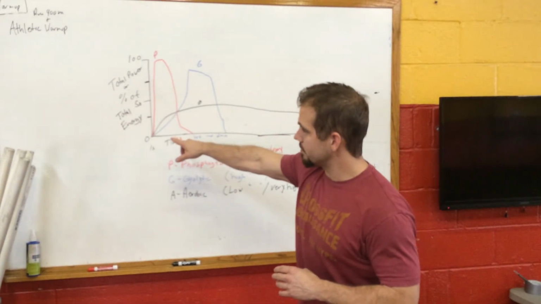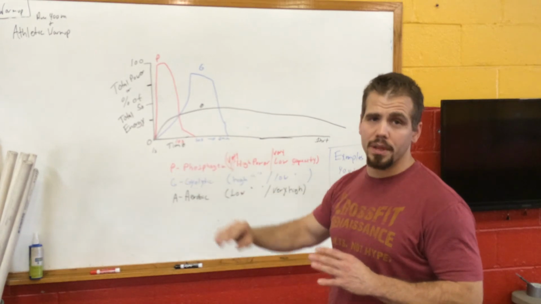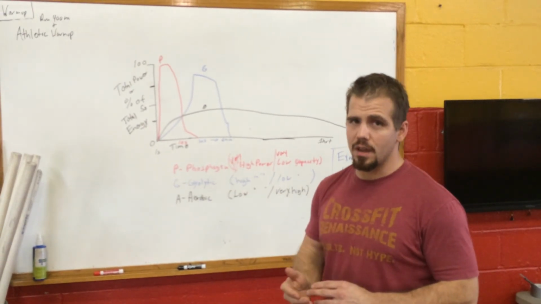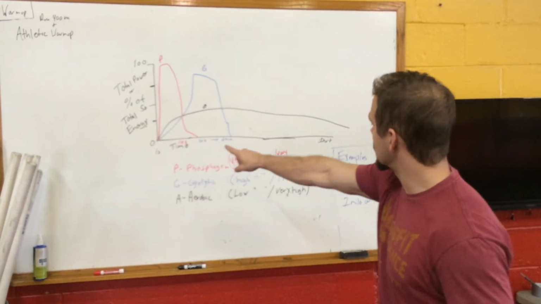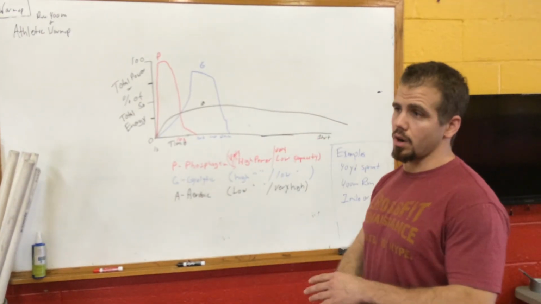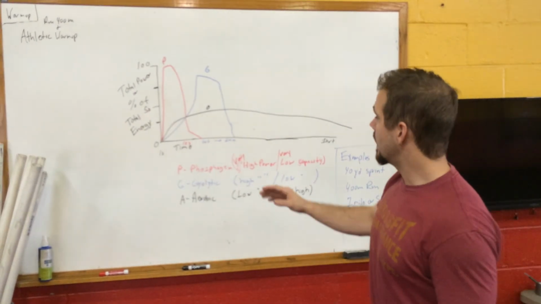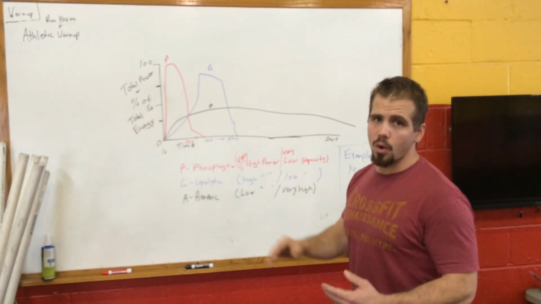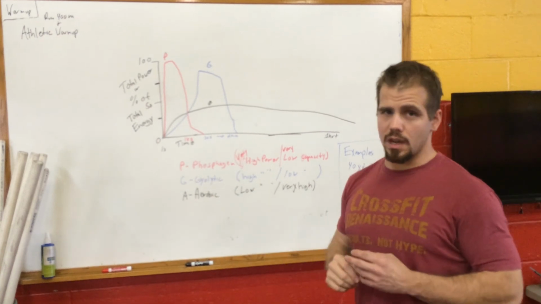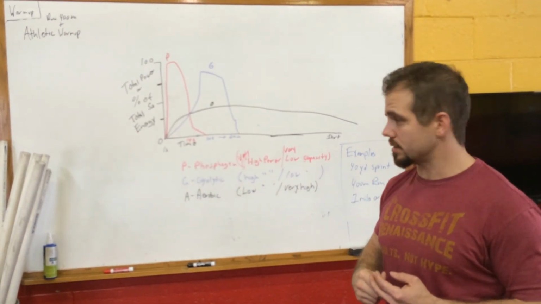We're maybe topping out at like 40% power output, probably closer to 25 to 30% power output. But you notice here, that line goes on almost indefinitely, right? So you can run a 100-mile race using the aerobic energy system, something like that. So low power output, very long time duration, very high capacity for holding on to that energy system.